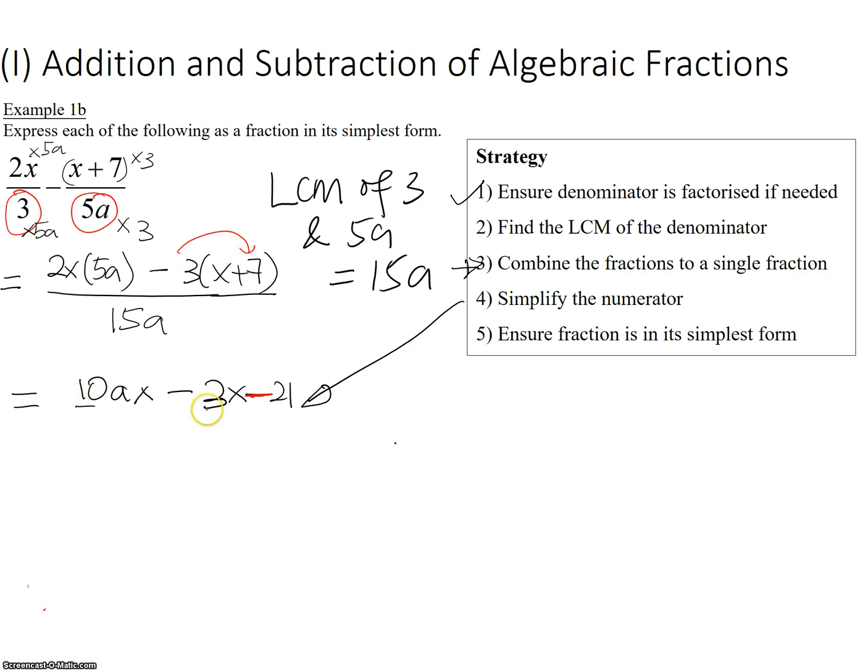Then your denominator will be 15a. Once you have this, you ask yourself, is there anything that you can simplify? If there's nothing for you to simplify, this is your answer in its simplest form, and you will leave it in this manner.